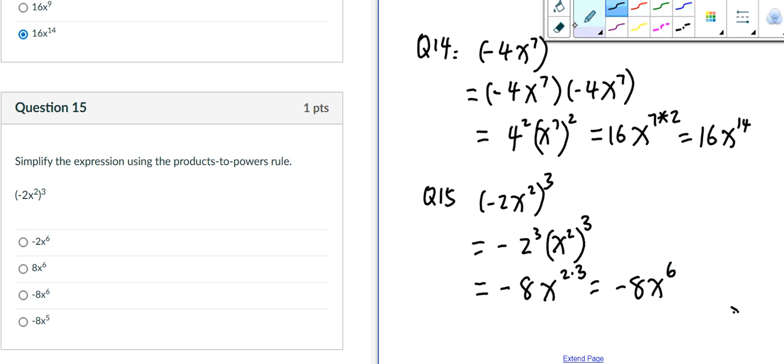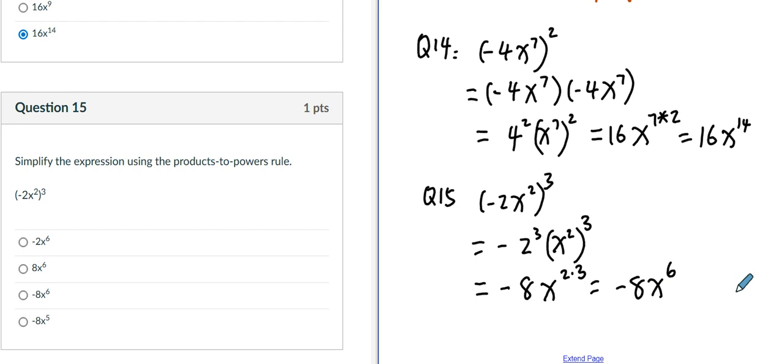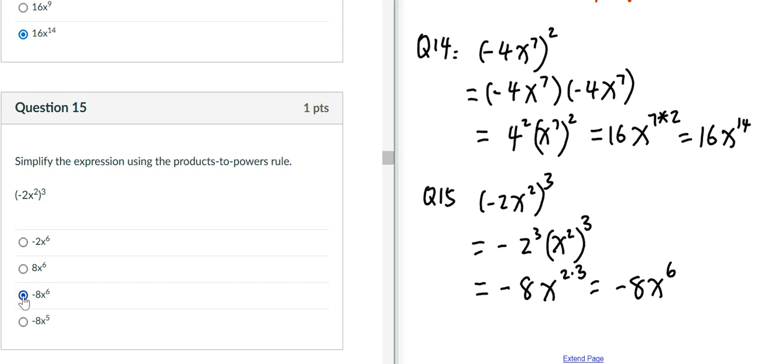Let me erase this unnecessary part. Which one is the correct answer? Negative 8 times x to the 6th power. Okay, it is negative, so this one is correct. This one is positive. That's wrong. This one is 5 on the exponent, that's 2 plus 3. That's wrong.